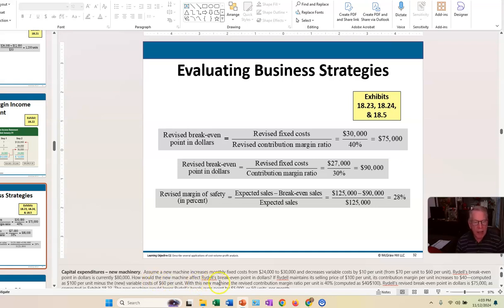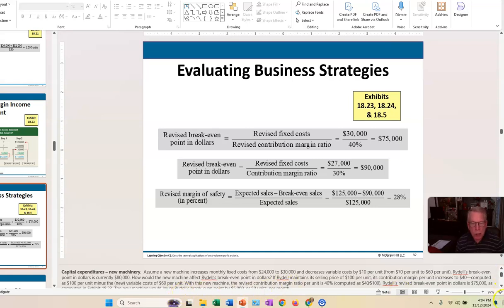If Rydell maintained its selling price of $100 per unit, the contribution margin per unit increased to $40, computed by taking the $100 of selling price per unit minus the new variable cost of $60 instead of $70 per unit.